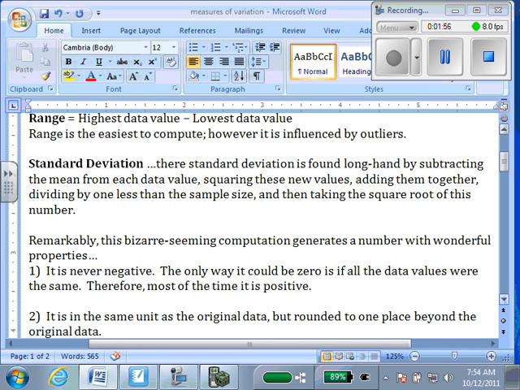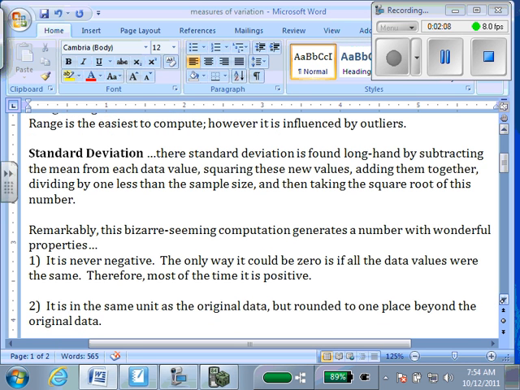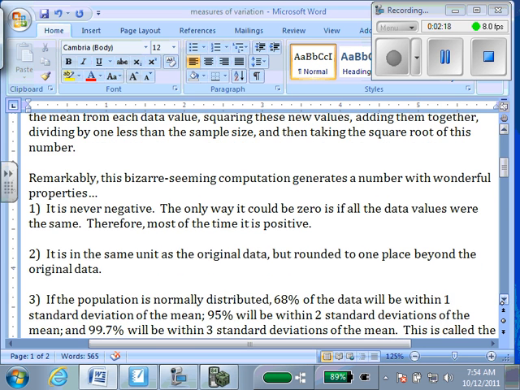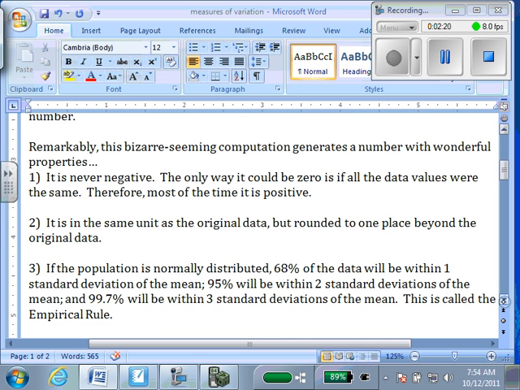That way the mean would be that number, and the differences between the mean and each data value would be 0. So, in general, the standard deviation is almost always a positive value. It is in the same unit as the original data, but rounded to one place beyond the original data, as we know about all the statistics we have so far.